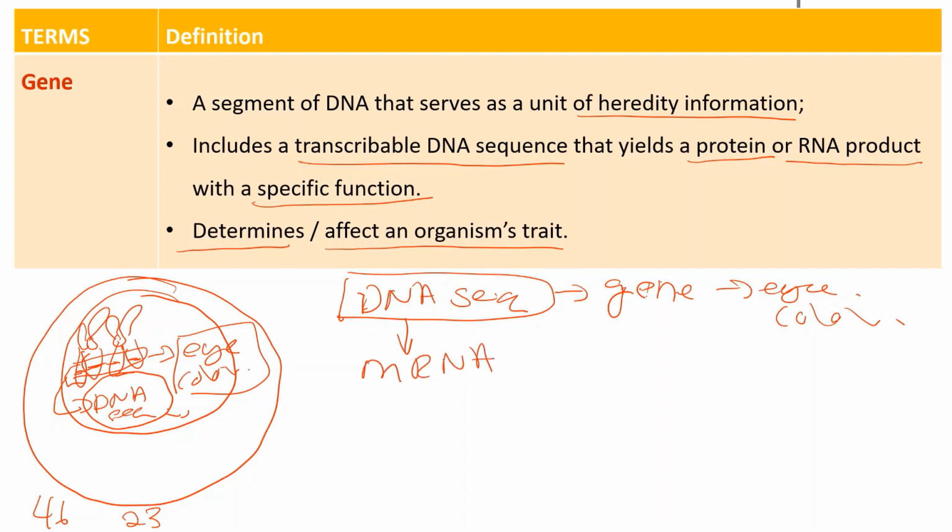The gene sequence can produce RNA products such as mRNA, messenger RNA, tRNA, and also rRNA.